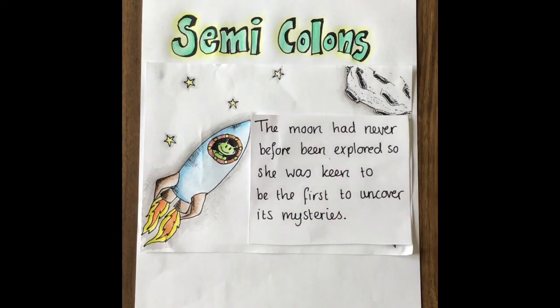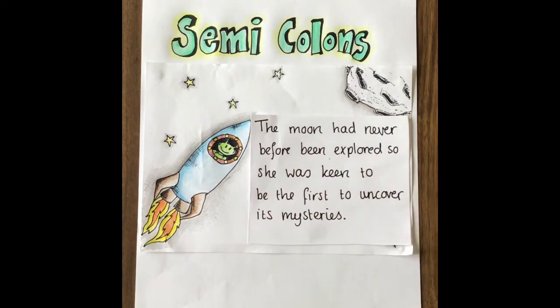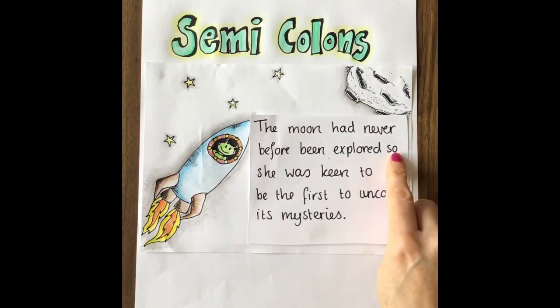The moon had never been explored before, so she was keen to be the first one to uncover its mysteries. Have a go, copy the sentence out and come back and check. Let's see how you got on. Hopefully you realised that this was the conjunction. The two main clauses have been joined together by so.